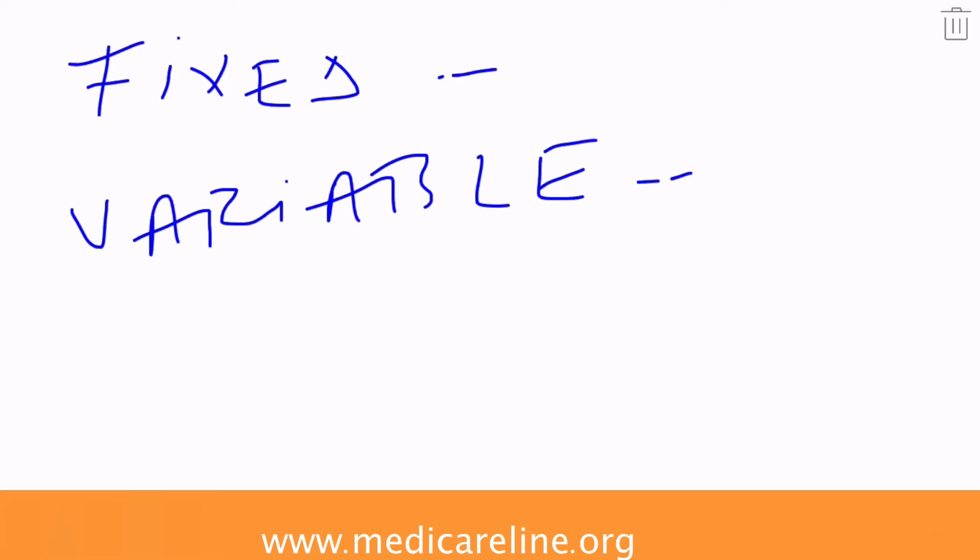You can go 6 months without seeing a doctor, you're fine, and then all of a sudden you have to see the doctor. So all of a sudden you have variable costs. And also they're kind of hidden costs, so you don't really see them up front. Just bear that in mind. Those are the two main components that go into the cost of Medicare.